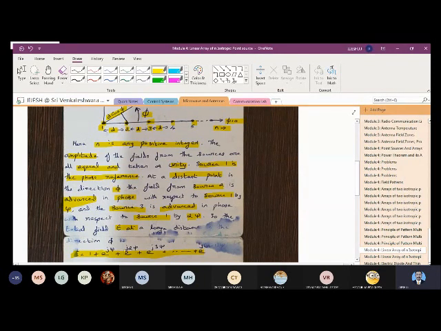So the source 2 is in advance with source 1 by psi, so you are going to get e to the power of j psi. The third source is advanced with respect to source 1 by 2 psi, so you are going to get e to the power of j2 psi, plus the fourth one, which will be e to the power of j3 psi, etc. You will get it up to e to the power of j(n minus 1) psi.